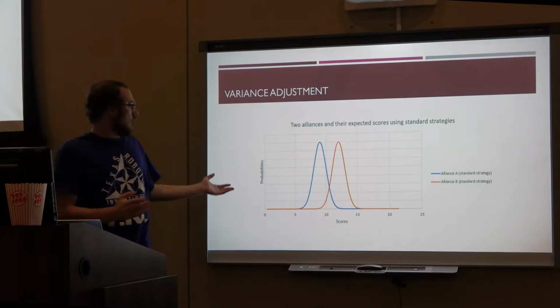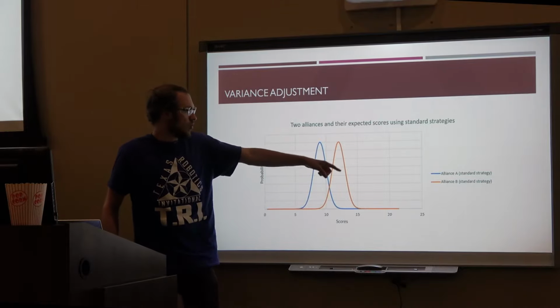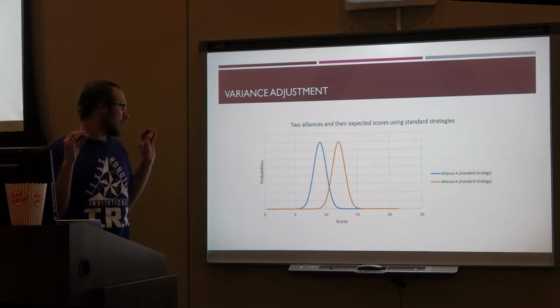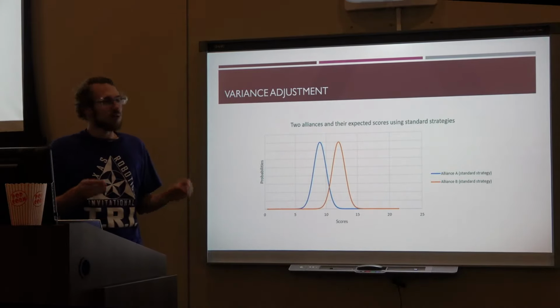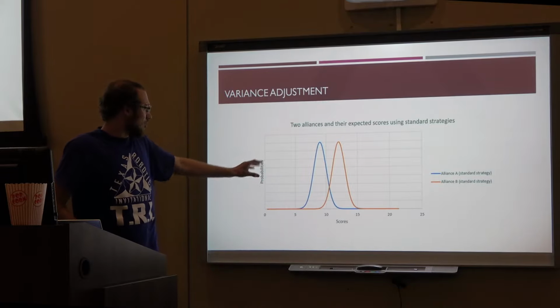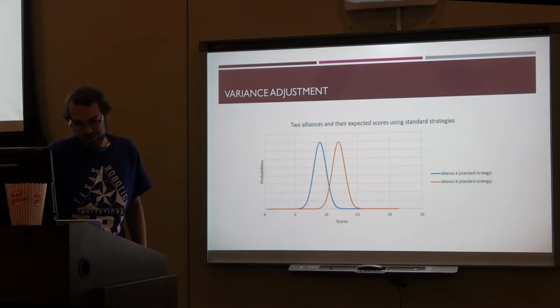So you're going into the match, and these are both teams with their standard strategies. They're just like, hey, we're not thinking about variance, we're not thinking about the opposing alliance, we're just going to focus on ourselves and try to get the best score that we can.